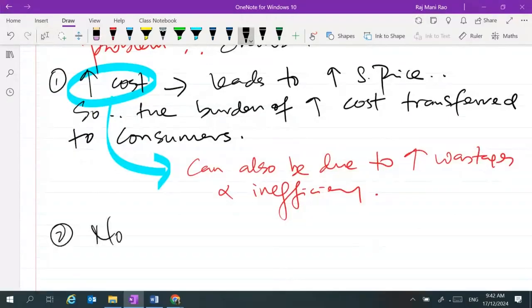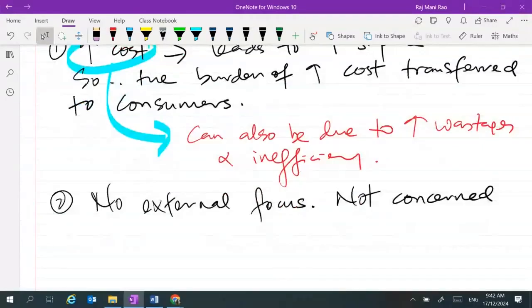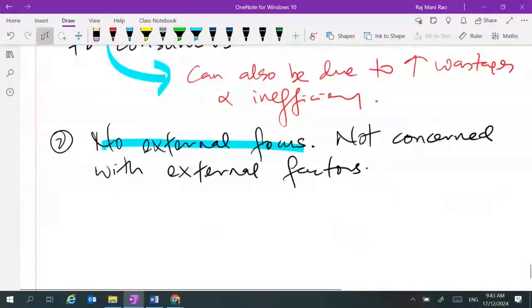There is no external focus. You're not concerned with external factors. You're not bothered about what's happening outside. You just take the cost, add a profit, and then you set a price.